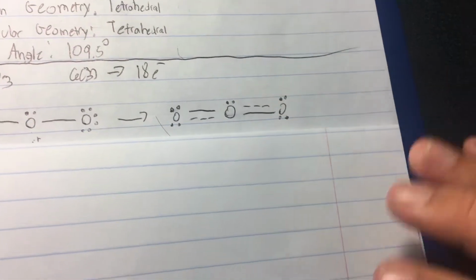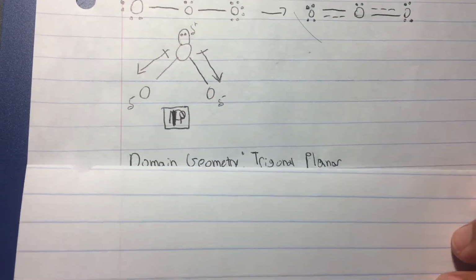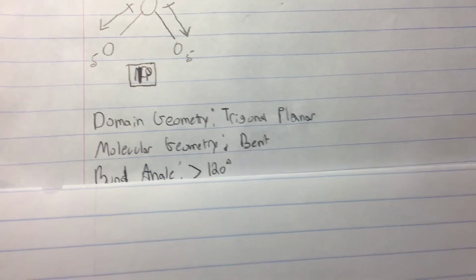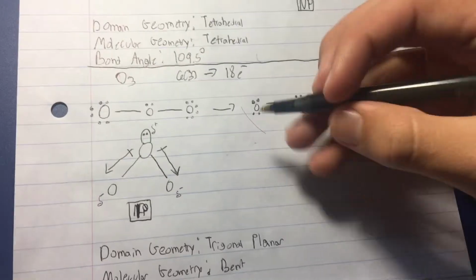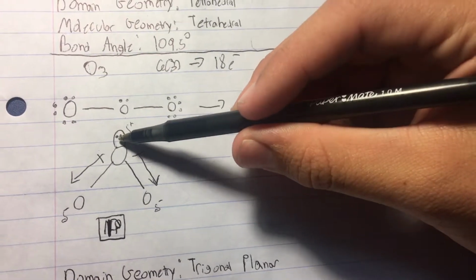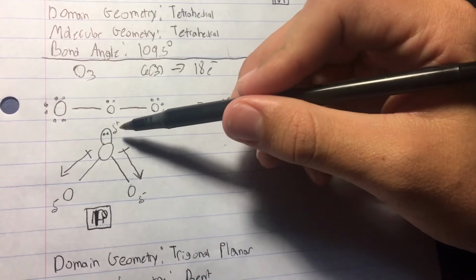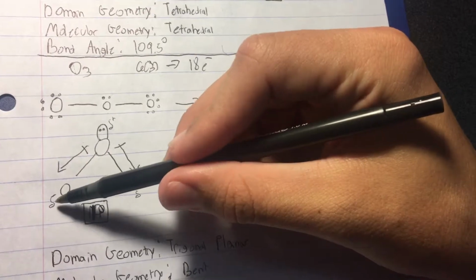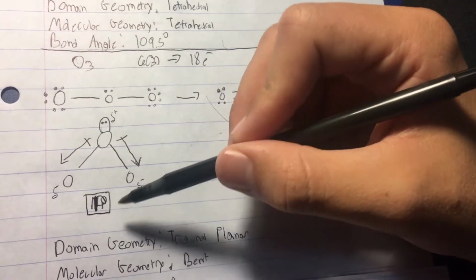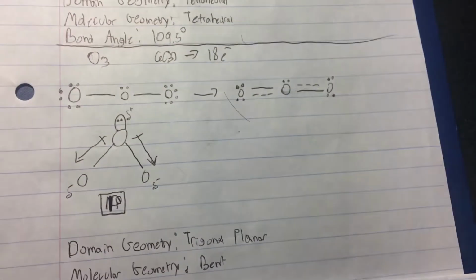So its new Lewis structure looks like this, and it has a domain geometry of trigonal planar, but its molecular geometry is bent, having a bond angle of less than 120 degrees. So this is what the molecule actually looks like, having the non-bonding pair of electrons on the middle oxygen atom, with that oxygen atom having a partial positive charge, and a partial negative charge on the two other oxygen atoms, thus unable to cancel the net dipole, leaving a polar molecule.